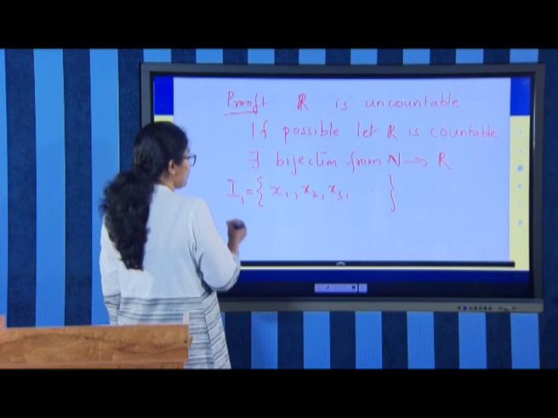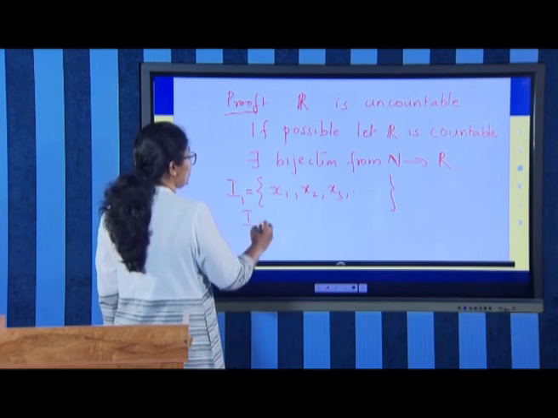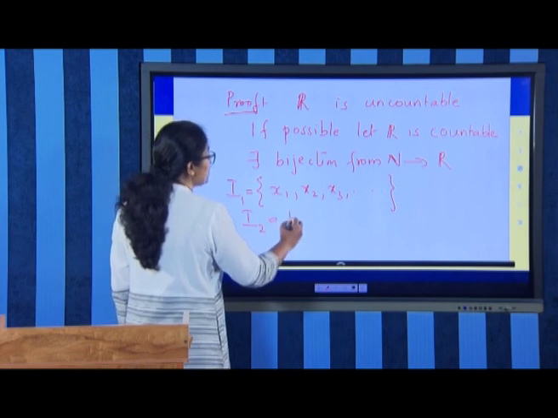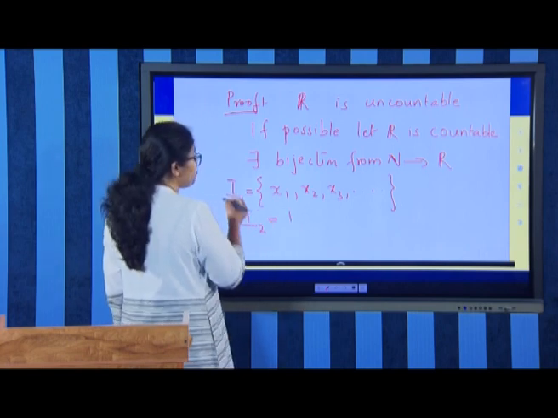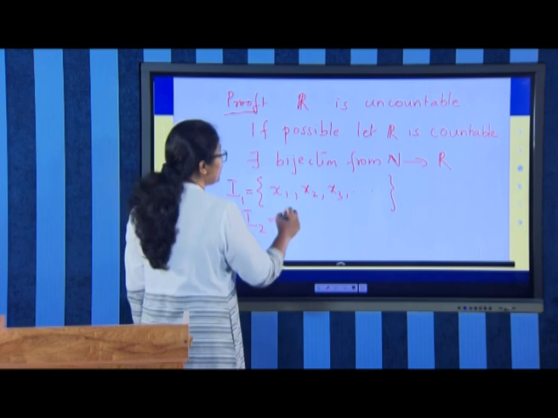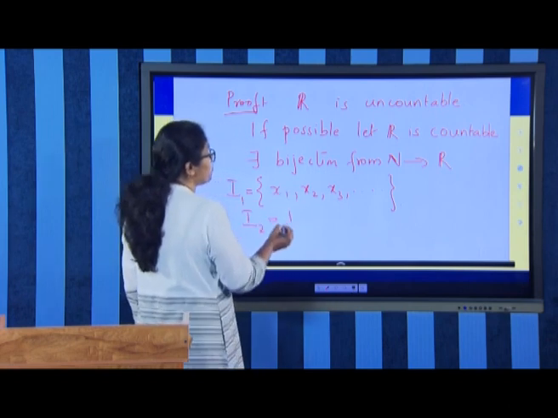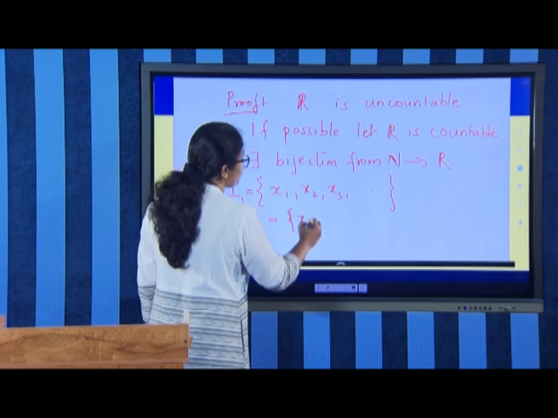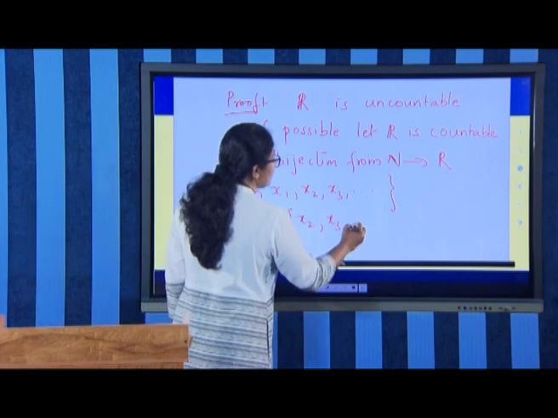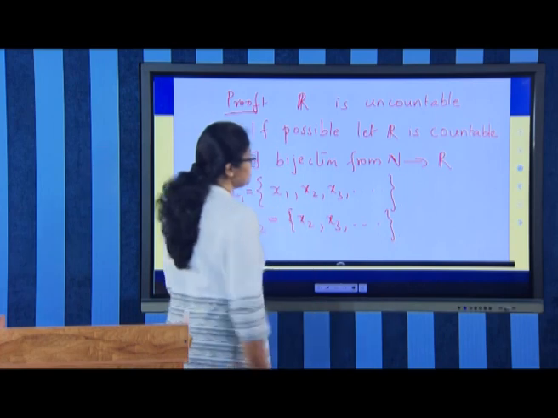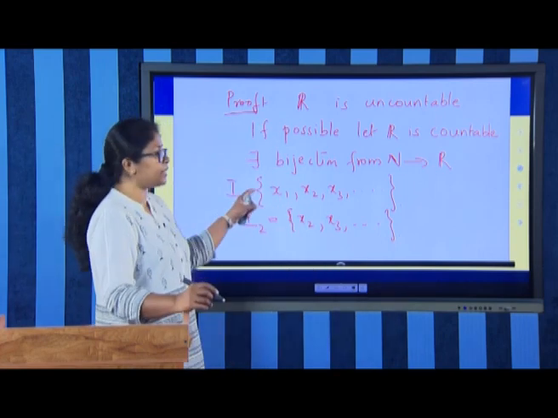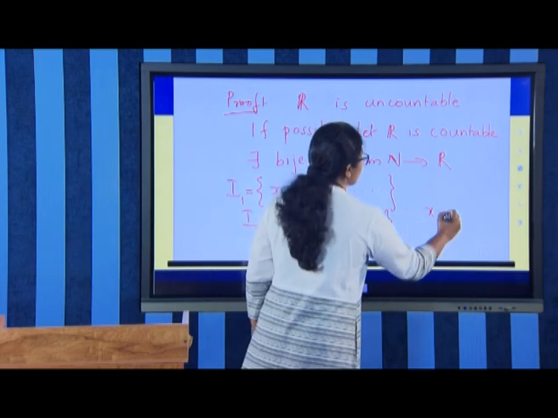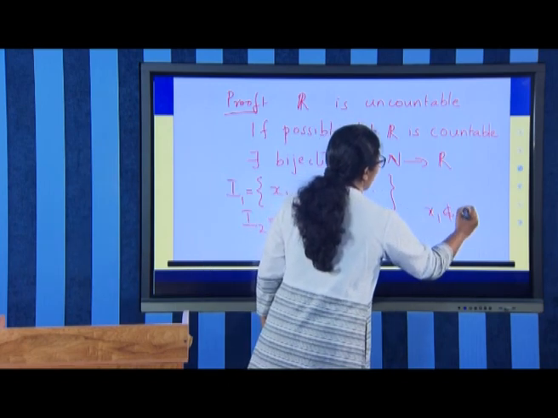Now, from I1, we are going to define a new interval I2. I2 is an interval which is obtained from I1, but it does not contain the first point x1. So, I2 is the interval x2, x3, etc. So, definitely I2 is contained in I1, but x1 is not an element of I2.